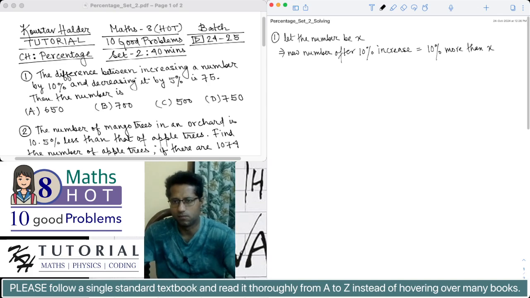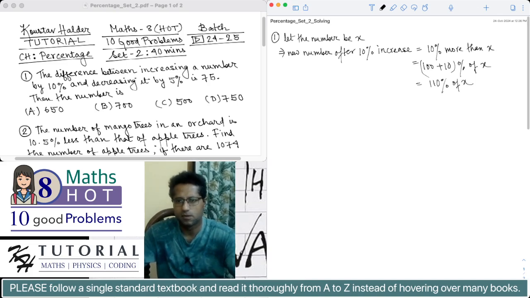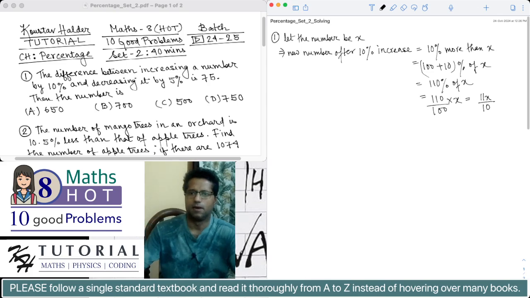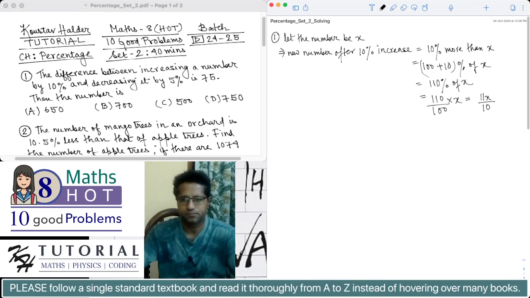Now 10% more than x means 100 plus 10% of x. This is equal to 110% of x. This is equal to 110 divided by 100 multiplied by x. After simplification of 110 by 100, it becomes 11x by 10. So this is the number 11x by 10 when the number x has been increased by 10%.